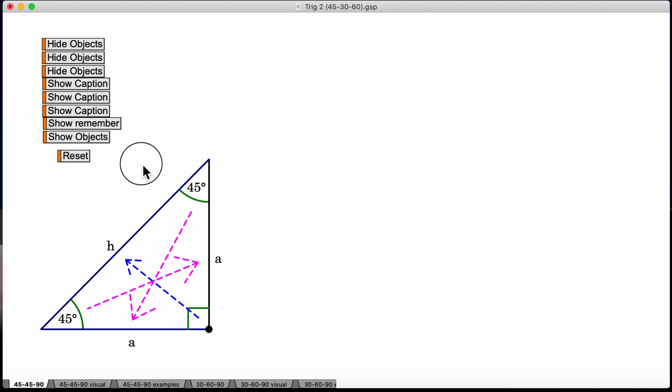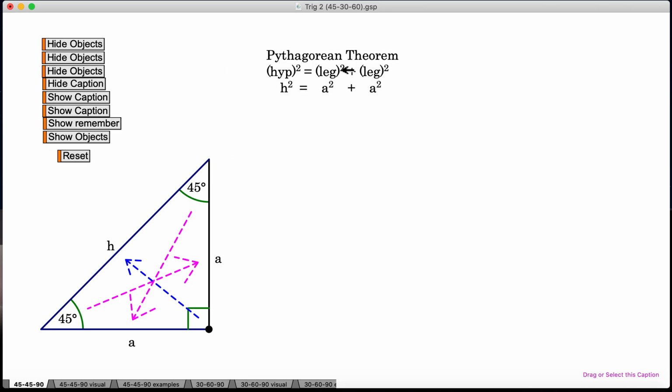So we're going to come up with a connection between the sides that'll always be true. Pythagorean's theorem says that the hypotenuse squared is equal to the sum of the legs squared. The way we've labeled it, it is H squared equals A squared plus A squared. Doing the algebra, H squared is equal to 2A squared.